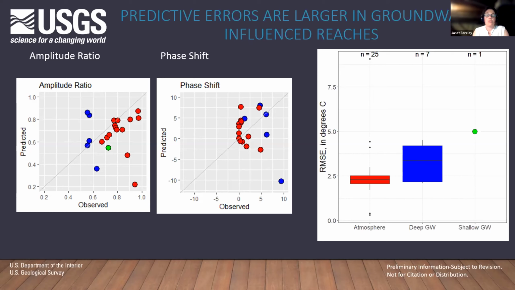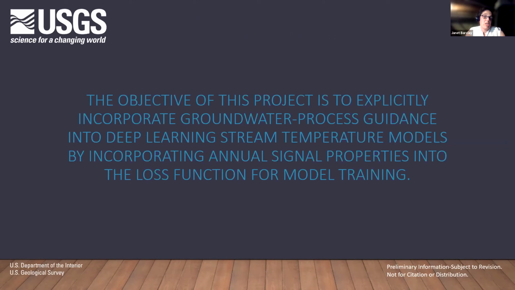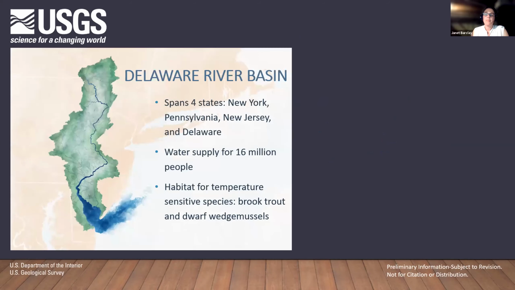That's the basic objective of this project: to explicitly incorporate that groundwater guidance, and to do that by the development of a custom loss function that takes advantage of those annual signal properties. The study area for this work is the Delaware River Basin that you heard a little bit about from Sam. It covers 4 states in the northeastern US and is a major source of water supply for 16 million people.